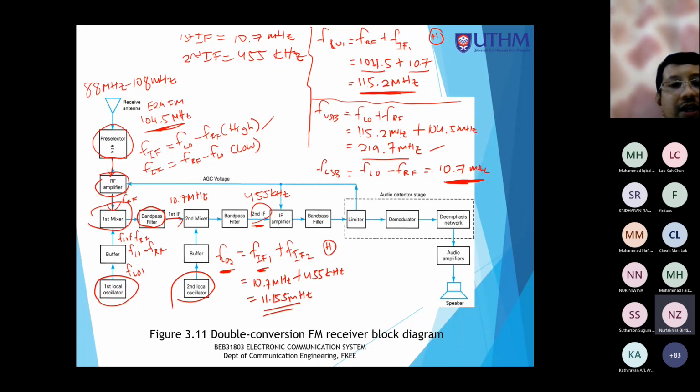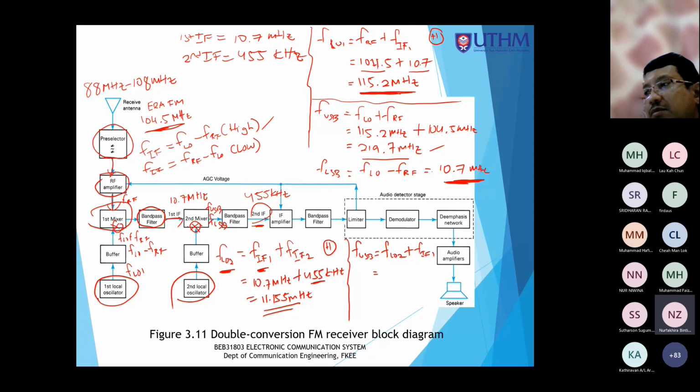Again, after the second mixer, we're going to produce FUSB and also FLSB, because the second mixer will do the multiplication process. That means we're going to produce upper and lower. The lower would be 455. How much is the upper? The upper sideband from the second mixer would be equal to FLO2 plus FIF1.